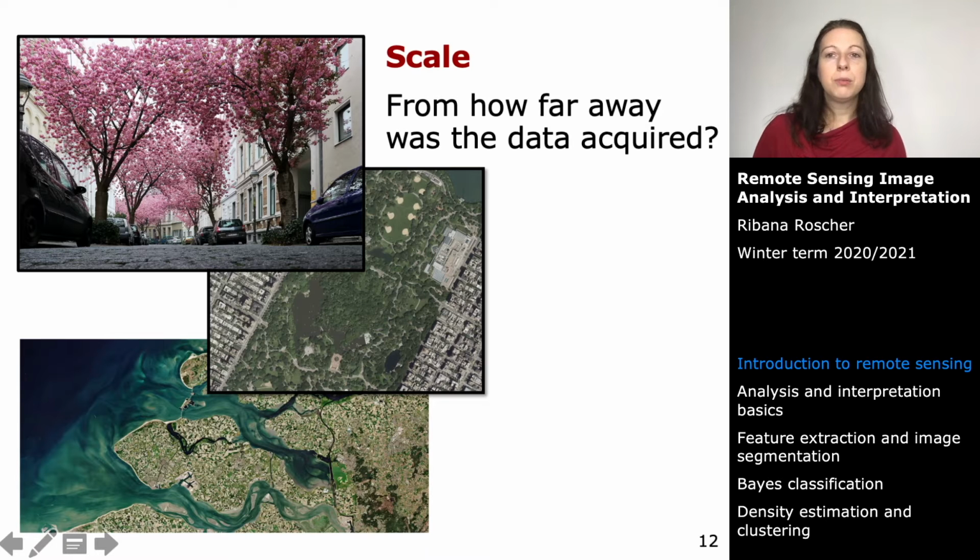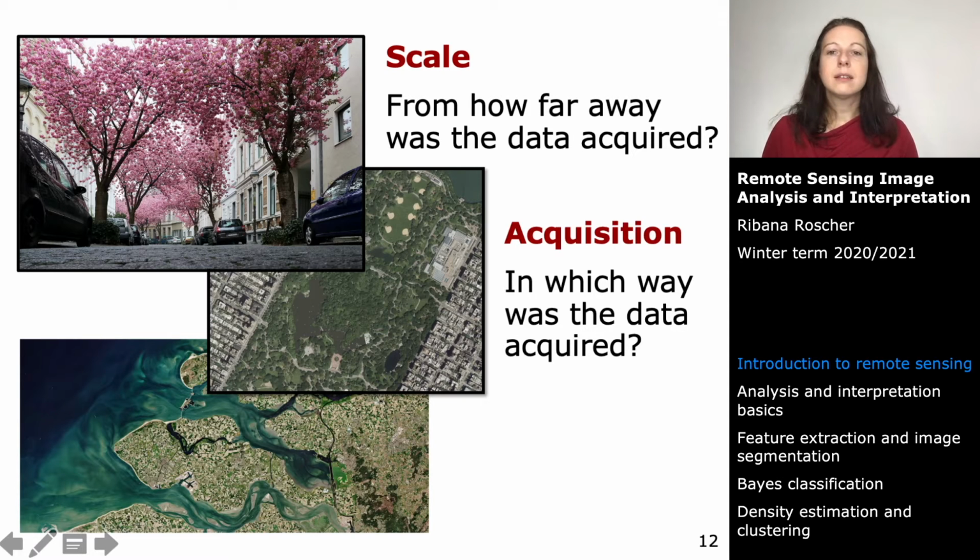So the first question would be, how far away was the data acquired? You see here an image which was taken in the old town in Bonn, but you also see a satellite image from Zeeland in the Netherlands, and in the middle an image of a large city. And so this question is all about the scale. The next question you could ask is, in which way was the data acquired?